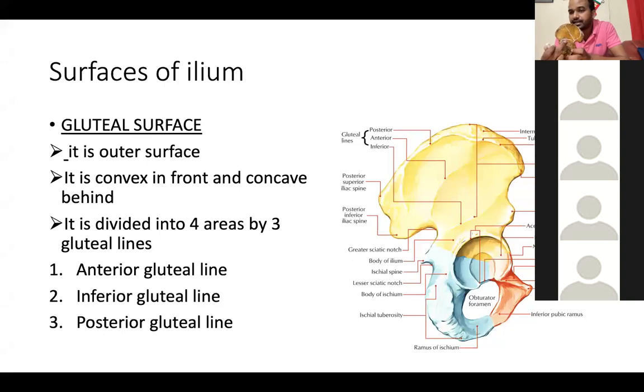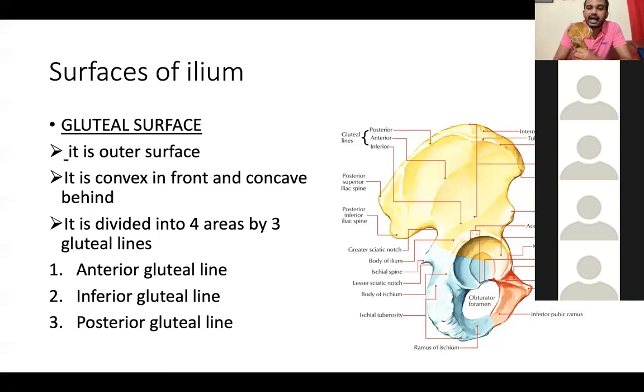The first line is the inferior line. Is it clear? Yes, sir. The second line is the anterior gluteal line. The posterior most line is the posterior line. If you hold the bone in position, it will be very easy to identify. In between the posterior and the inferior, there is one line which is called the anterior line.